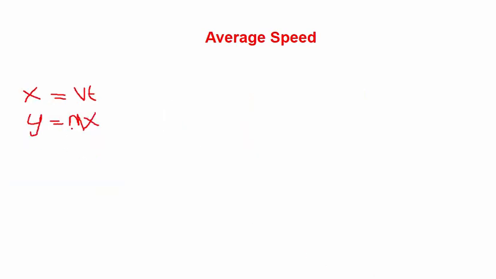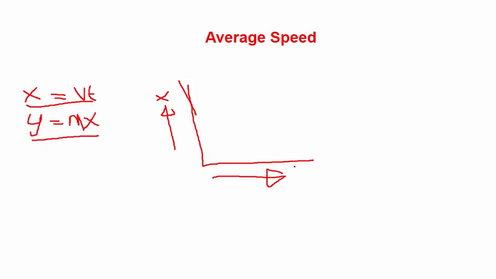Well, now you know that x equals vt is an equation similar to y equals mx. What does that mean? It means if you draw now a graph of x on the vertical axis and t on the horizontal axis, x is in meters and t is in seconds, always use the proper unit.